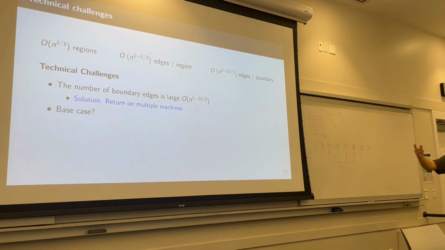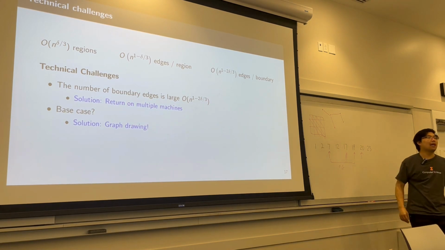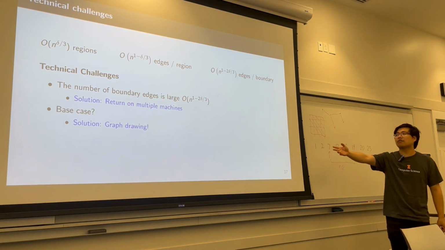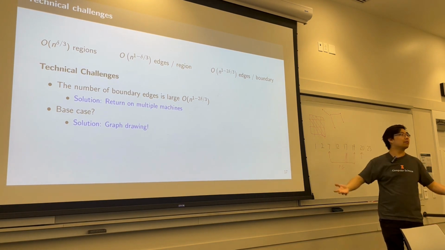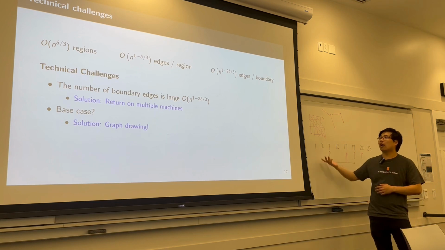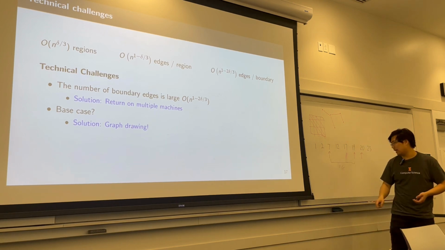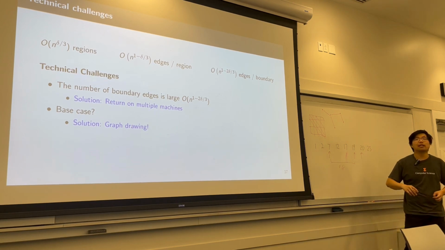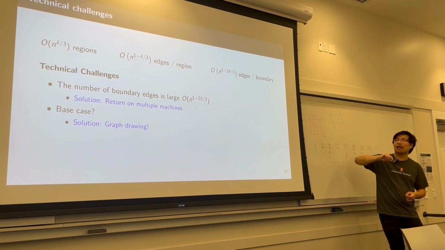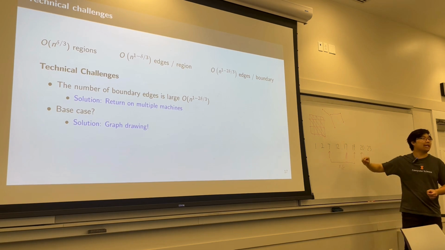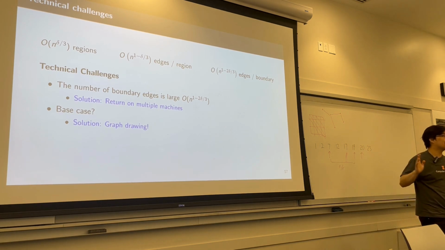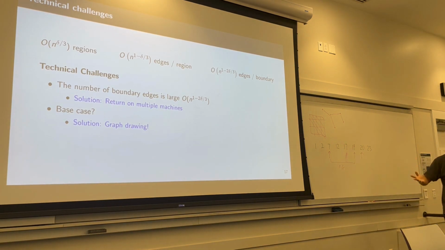And in the base case, this is also something to consider, but in the base case, we'll just use graph drawing. And there are lots of well-known graph drawing results that, if you're given a planar graph, you can draw it in the plane in, say, an n by n grid. So you can embed all the vertices in integer coordinates that are at most n, if your graph has n vertices.